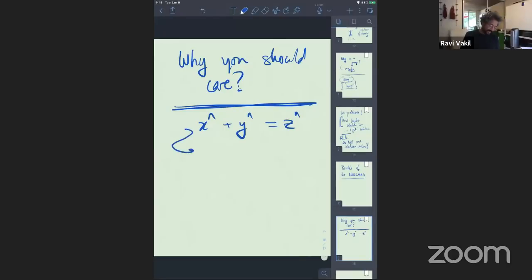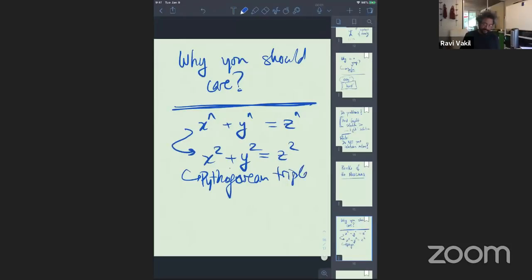And when you hear about this, you can't help but think about the case where it's false, where you have the question of Pythagorean triples. With Pythagorean triples, something is different for 2 than for 3 and up. There are answers when n is 2, and there aren't answers when n is not 2.